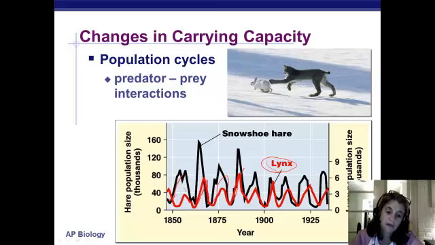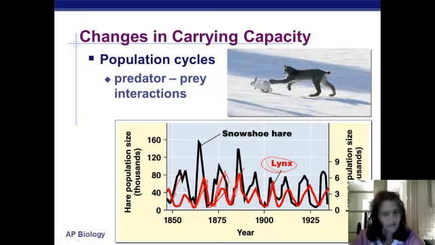Because as the lynx go up, suddenly there's too many lynx, and so the population of hares begins to crash, and of course when the population of hares crashes, the population of lynx follows, and so on. So once the population of lynx falls down, then the hares begin to rebound until the lynx rebound too, and then they eat too many hares and back down again.